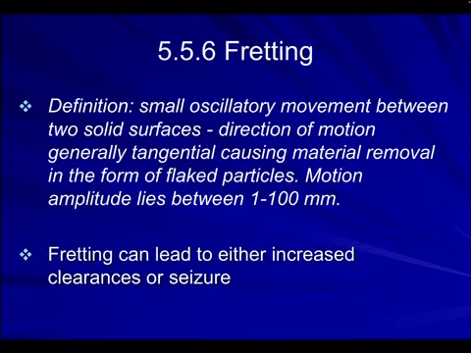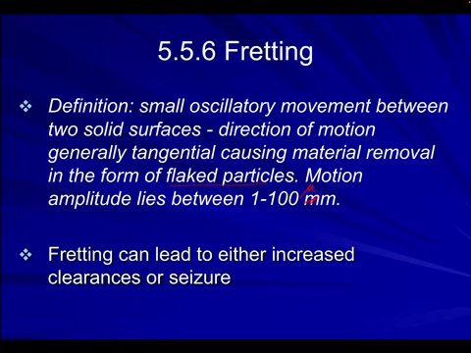Then fretting. So this is the small oscillatory movement between two solid surfaces. The direction of motion is generally tangential, causing material removal in the form of flaked particles. And the motion amplitude lies between 1 and 100, probably micron rather.